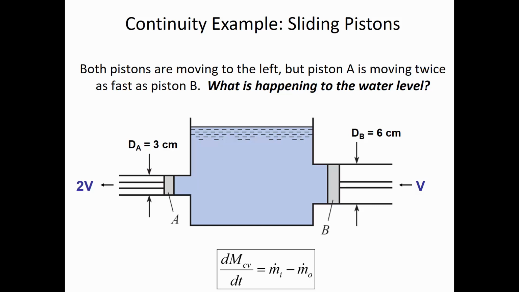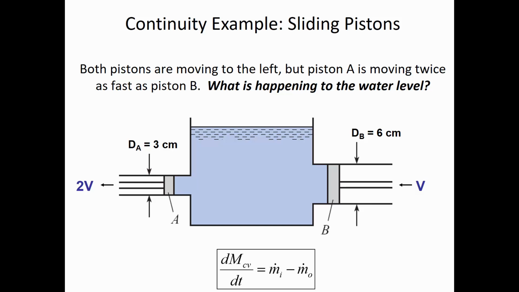This question is constructed specifically to trick you, to make you think the liquid level is going to stay the same, because it's got double the velocity at A, but half the diameter. But the flow rate isn't dependent on the diameter, it's dependent on the cross-sectional area, right? So although it has half the diameter, it has 1/4 of the cross-sectional area. Do you see what I'm getting at?